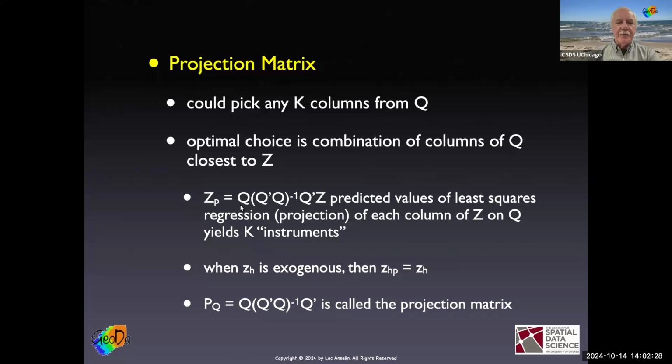This matrix, this first part, is not a K by K matrix. This is a big one. This is N by K, K by K, K by N. So this is an N by N matrix. This is called a projection matrix.